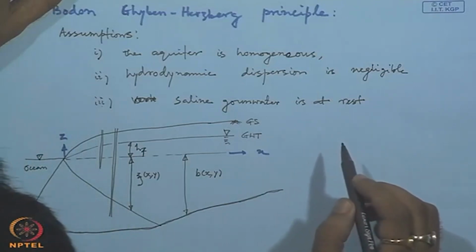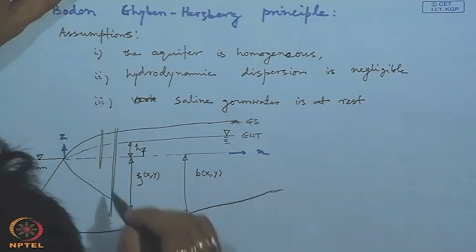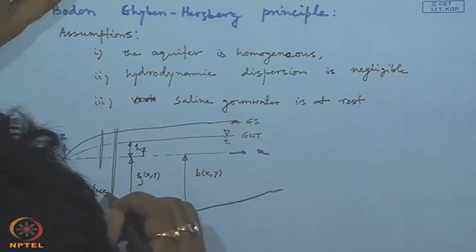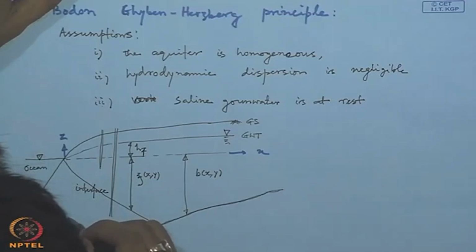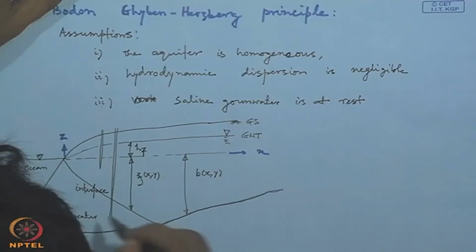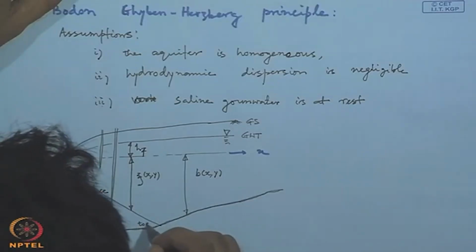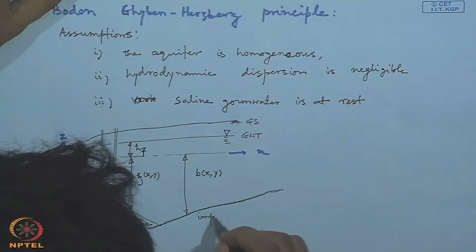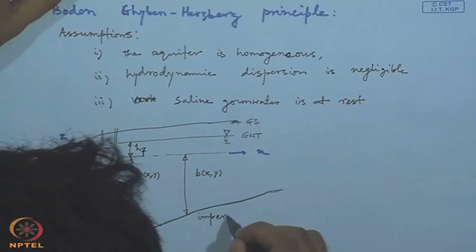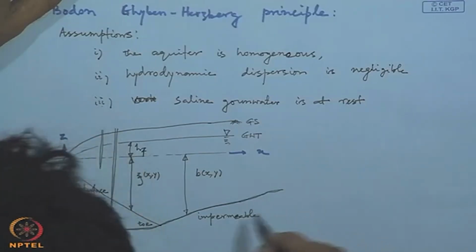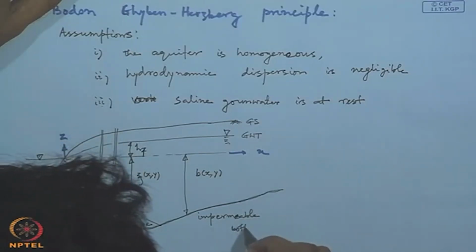So, this is our interface and this is our salt water, and this is the location of toe, and we have impermeable bottom.